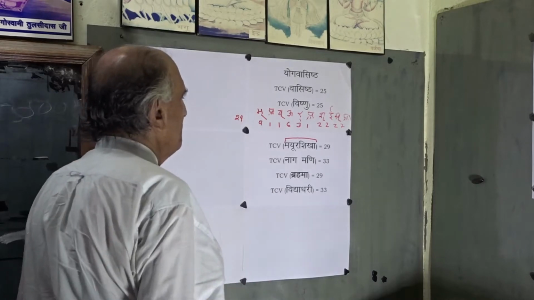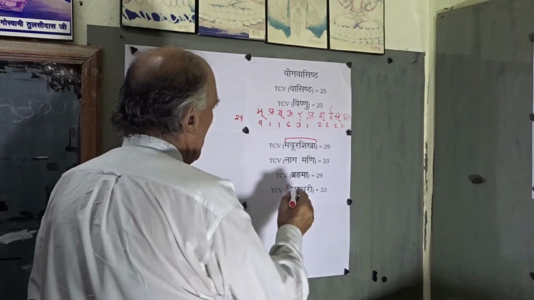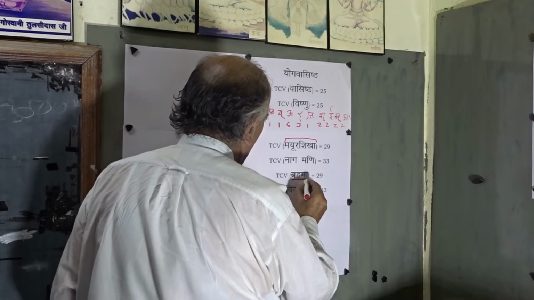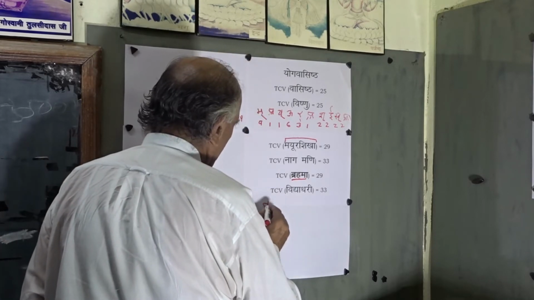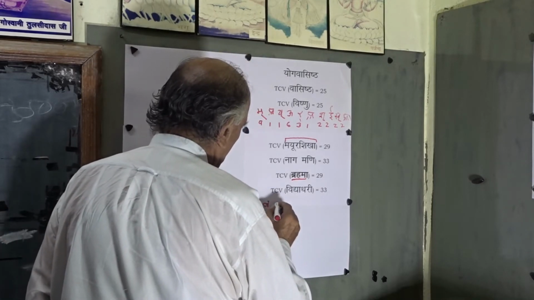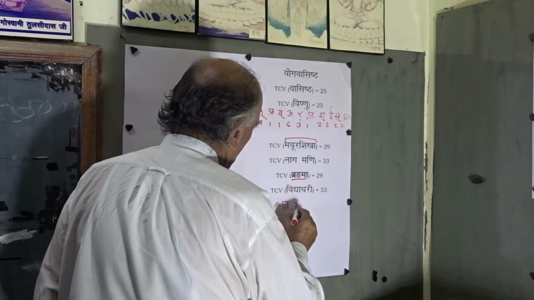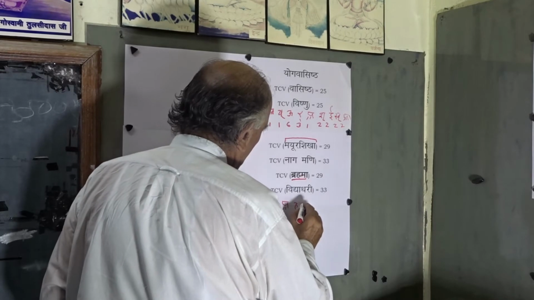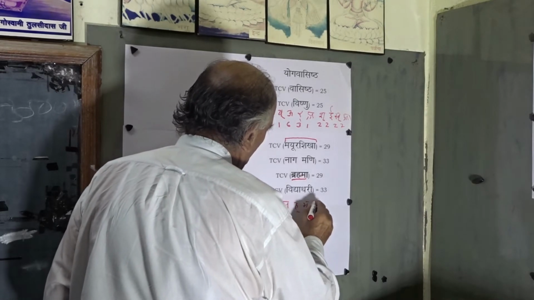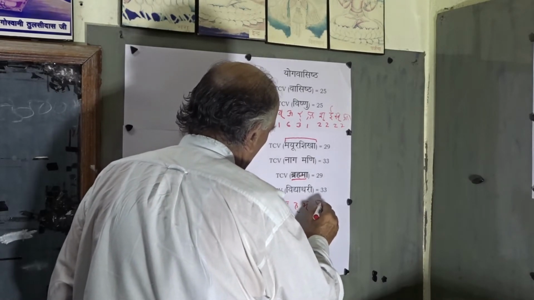Now let us see the formulation Brahma. Here the letters Ba, Ra, A, Ha, Ma, and A have been availed.